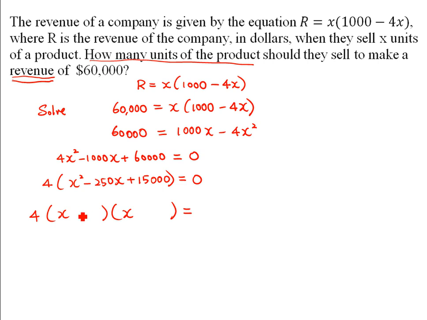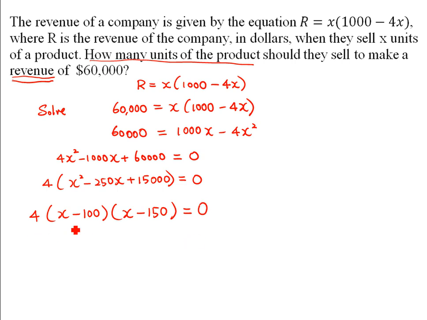So we have negative 100 times negative 150. Negative 100 times negative 150 will give you the positive 15,000. When they add together, it will give us negative 250. Don't forget equals 0.